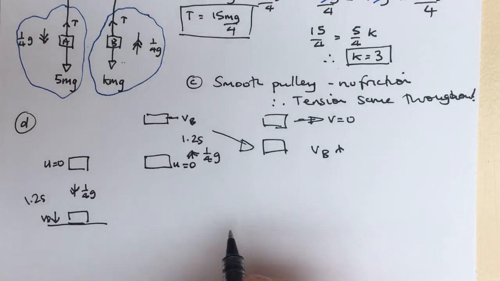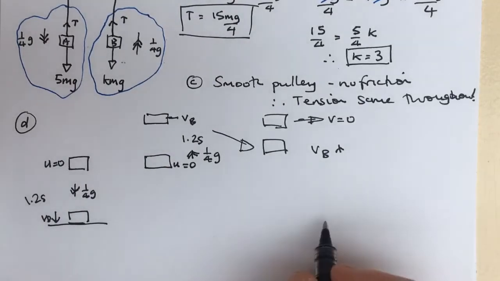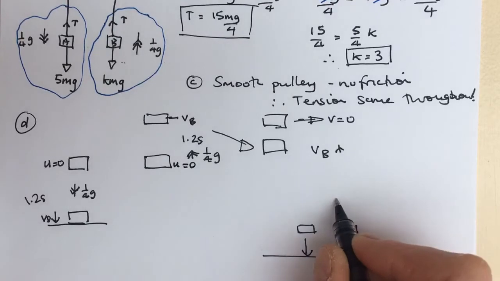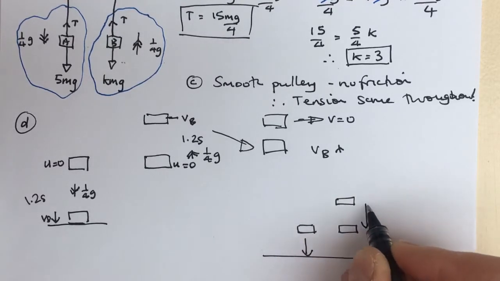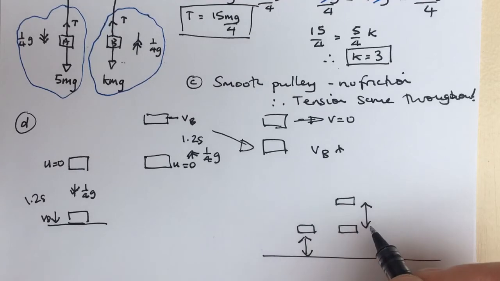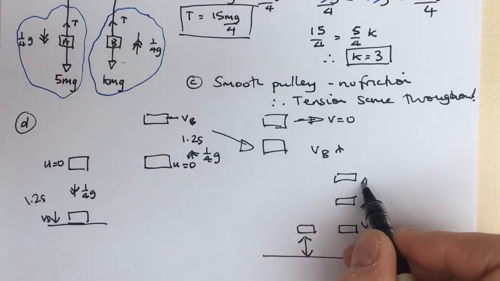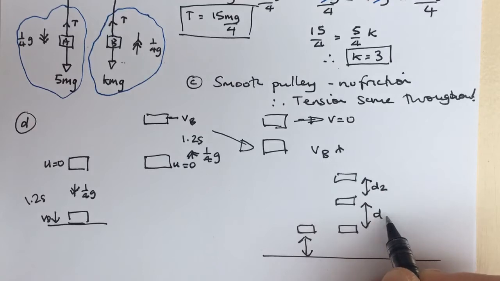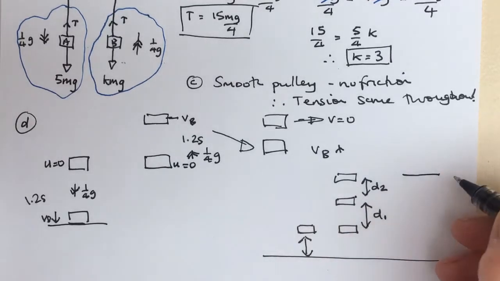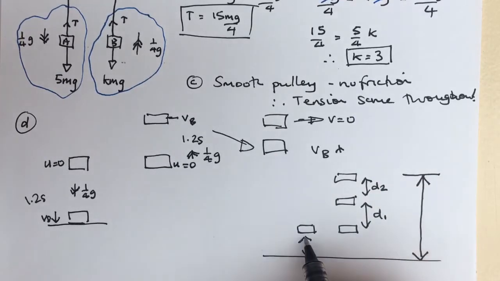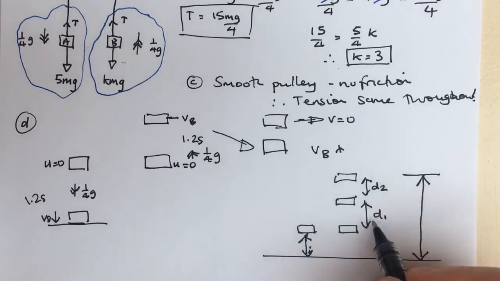If I do another diagram over here, a bit smaller, we've got A moves down to here, B moves up to here, so these distances are the same, but then B goes a further shorter distance here. So the total distance above the plane will be from here to here, which means that this part is the same as this bit.